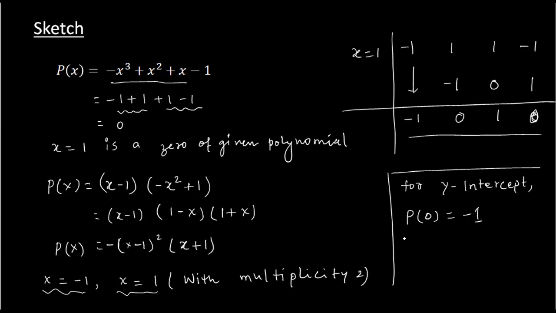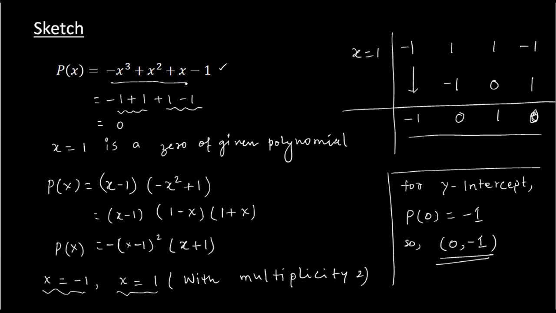So (0, -1) is the point from where this curve should pass. So finally we have the y-intercept, and we have all zeros of this cubic polynomial.